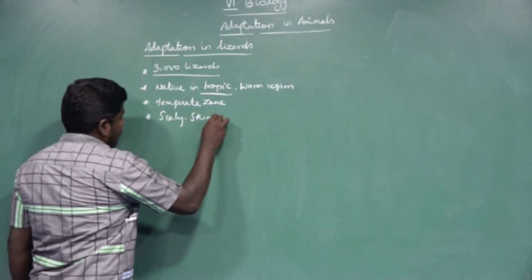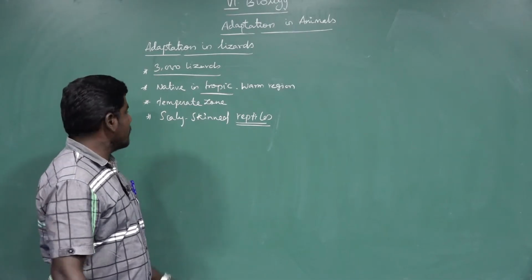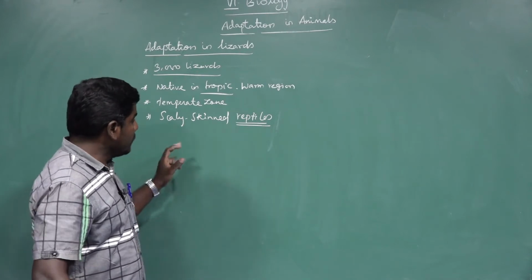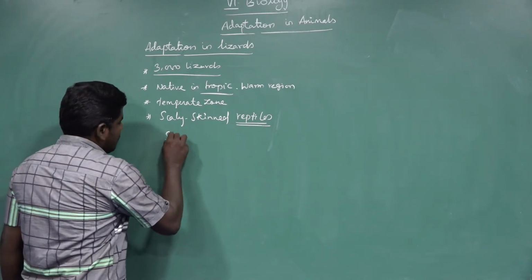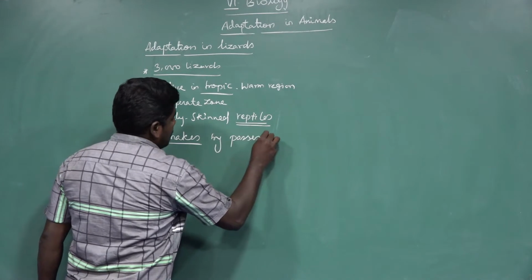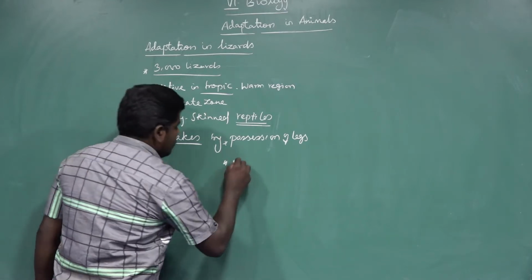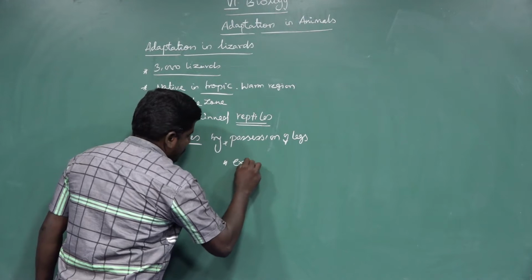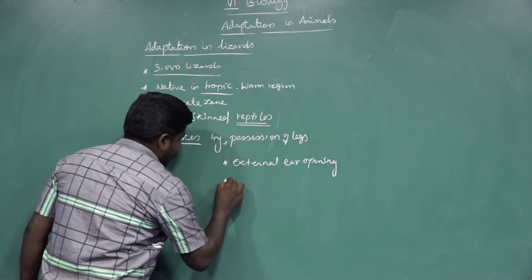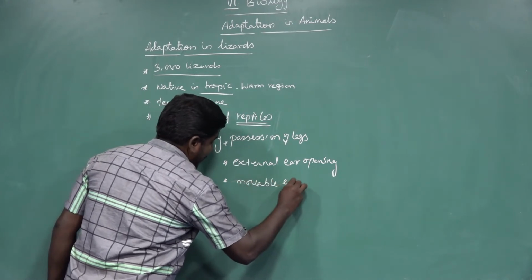Lizards are scaly skinned reptiles. That is important. Lizards are usually distinguished from snakes by the position of legs, external ear opening, and movable eyelids.